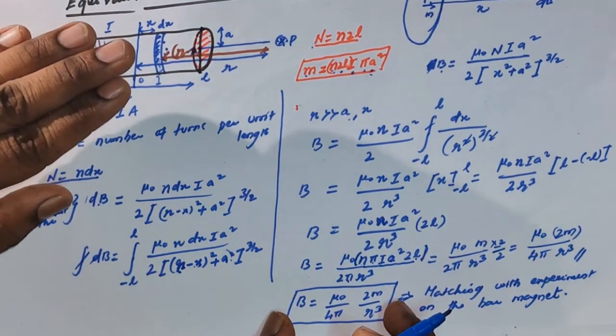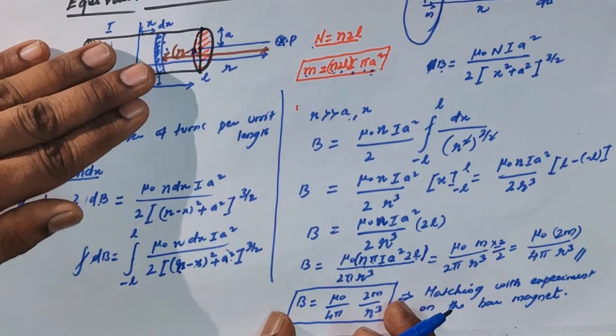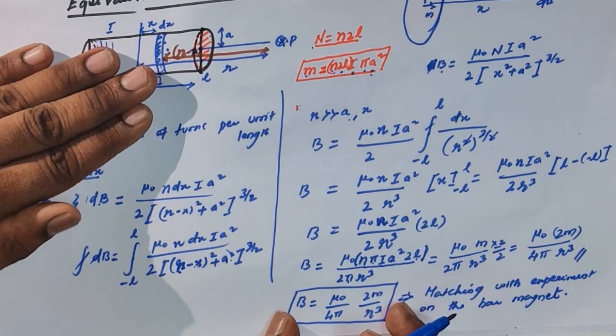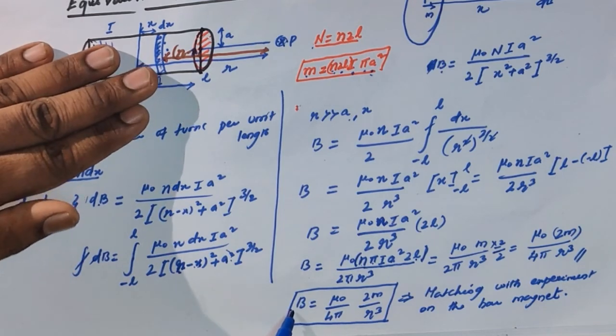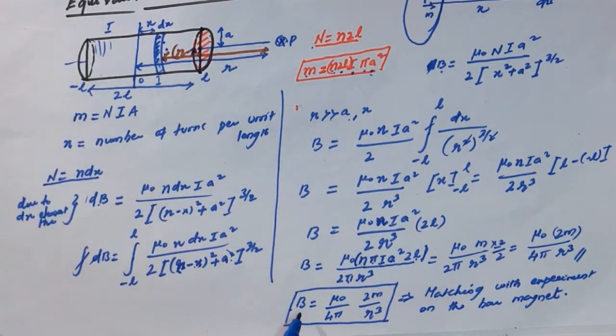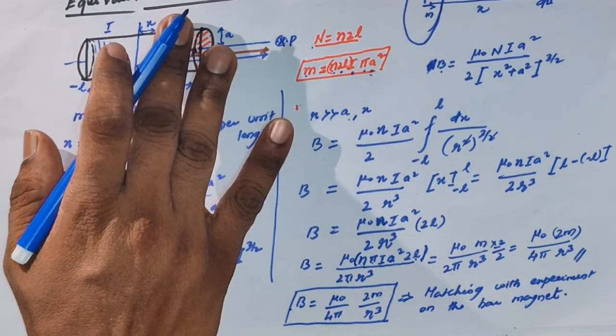So the bar magnet is equivalent to the solenoid. Why is it equivalent? Because the solenoid magnetic field expression matches the bar magnetic field expression experimentally. So that is what we can conclude here: in general, the bar magnet is equivalent to the solenoid.